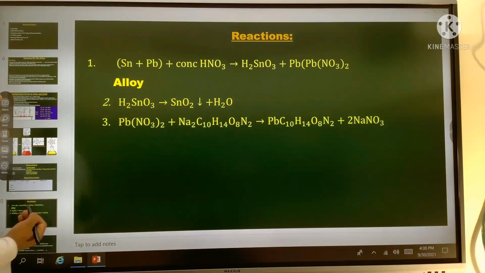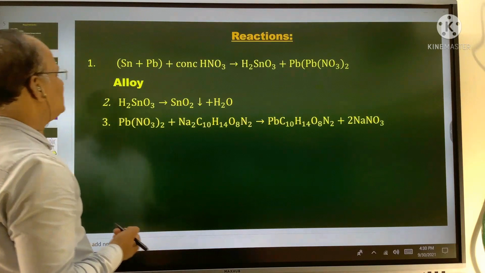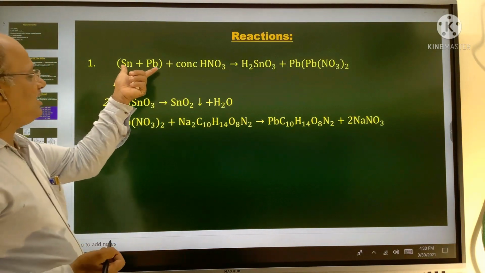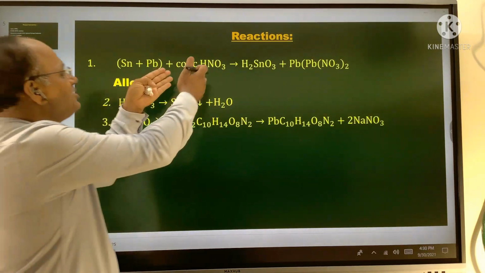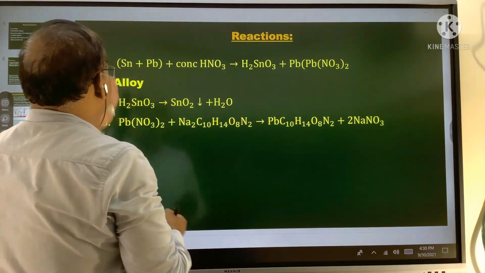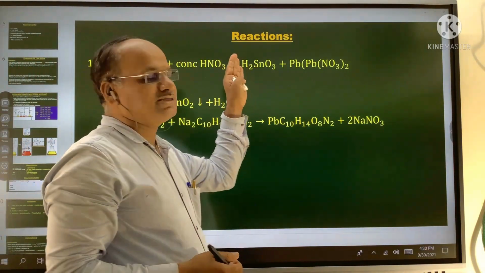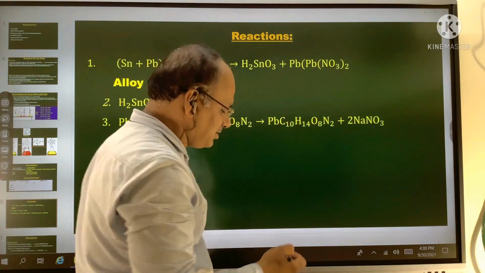Then which reactions take place during that estimation? The first reaction: tin and lead are present in the alloy in metallic form. If you add concentrated HNO3 to that alloy and heat it, the tin is converted to metastannic acid, and the lead goes into the solution as lead nitrate.